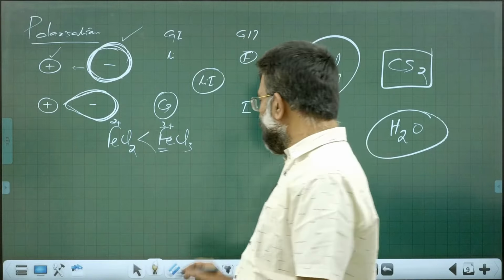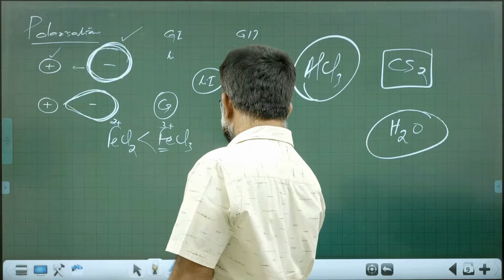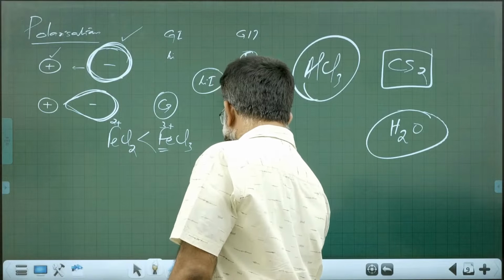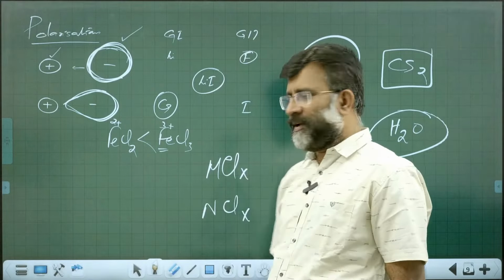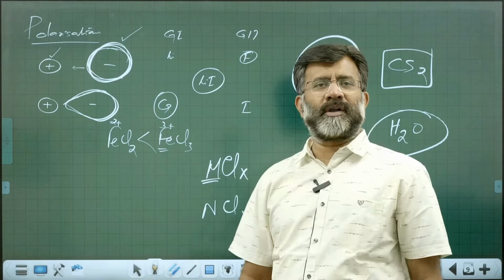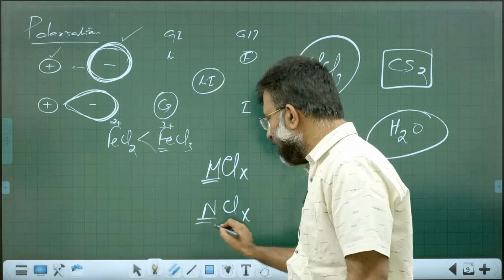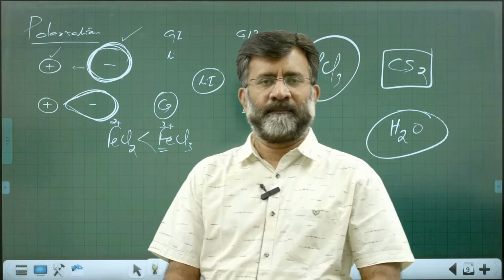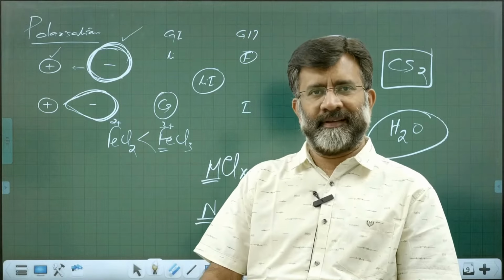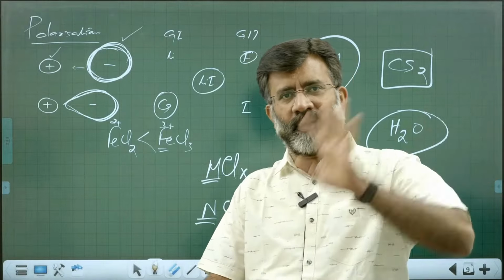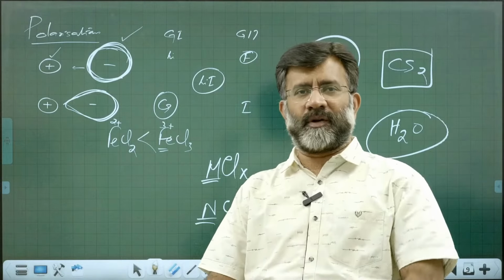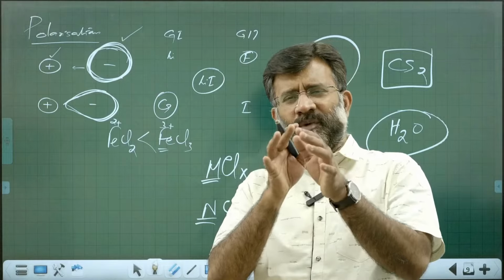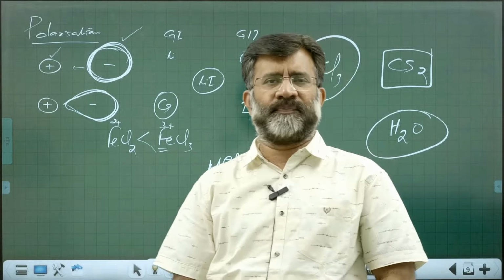And imagine you have compounds MClx and NClx. Just imagine, where M is an s block metal and N is a d block metal. You have two chlorides, one is an s block chloride, one is a d block chloride, and the metals have almost identical characters.